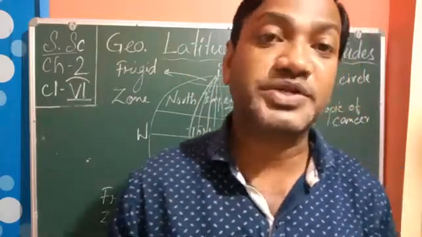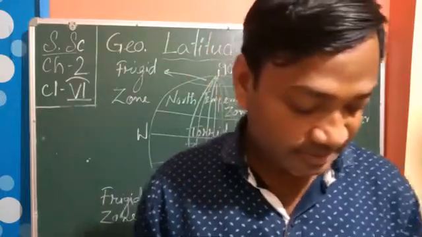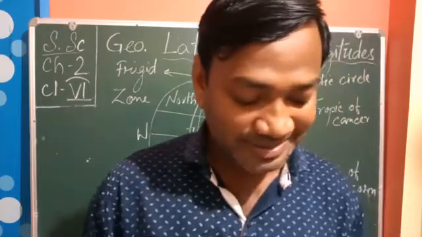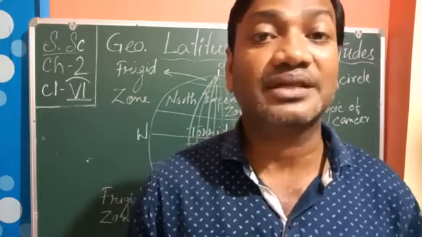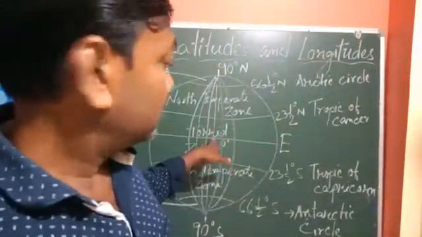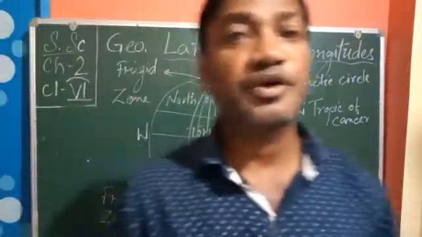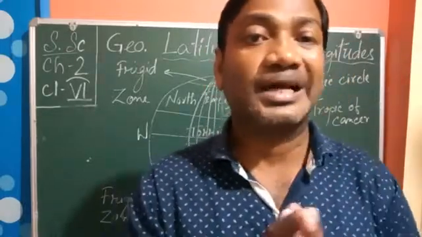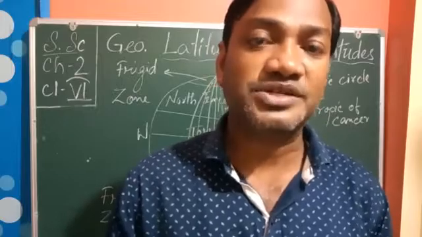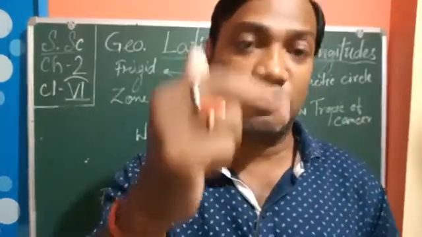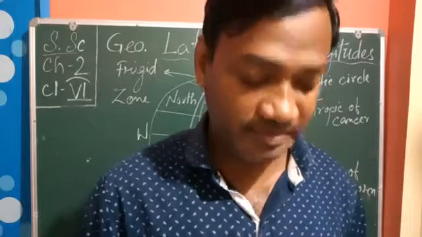It is also measured as an angle whose vertex is at the center of the earth. So from here we start counting how many degrees it is east or west.